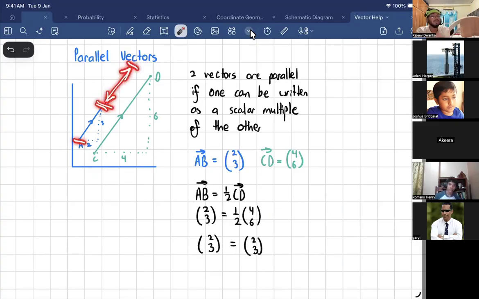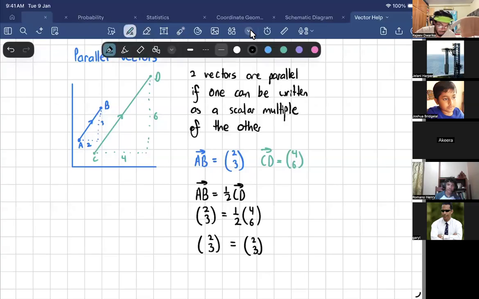Can you see that it would take 2 ABs to make CD? You sure you understand that? Okay, good. So we're saying that CD would be equal to how many ABs? Tell me, Akira. 2. Let's see if that's true.